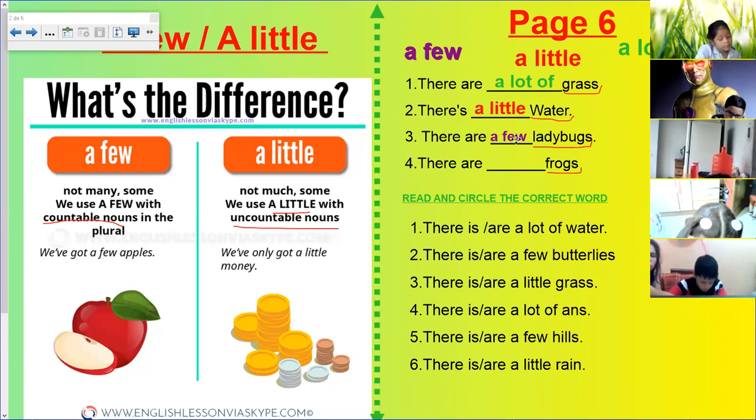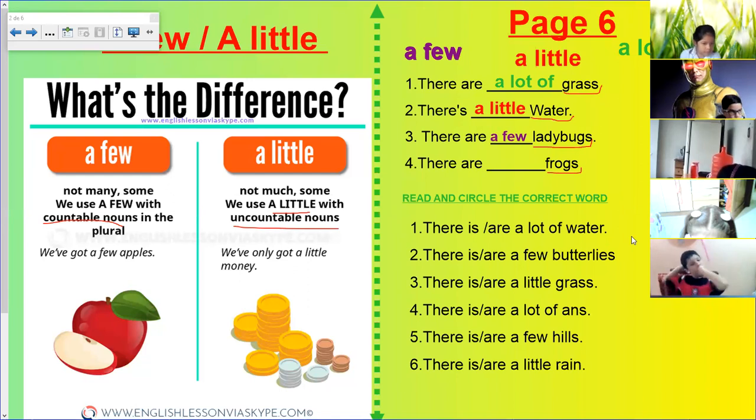Can you help me, please? Jamil. Frogs. Look at the frogs in your book. Do you have a book? There are 1, 2, 3, 4, 5, 6, 7, 8 frogs. So what is the quantity?